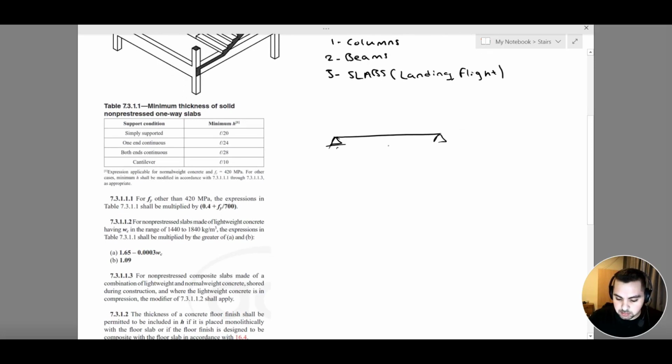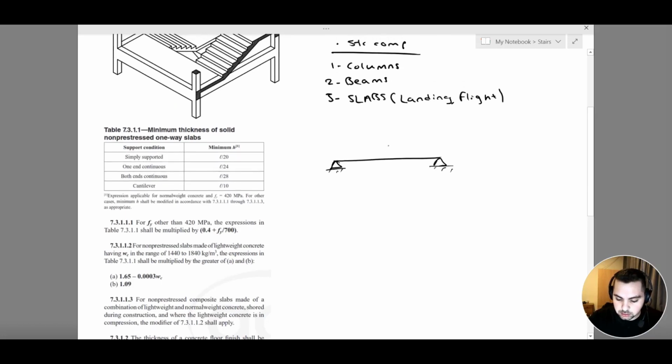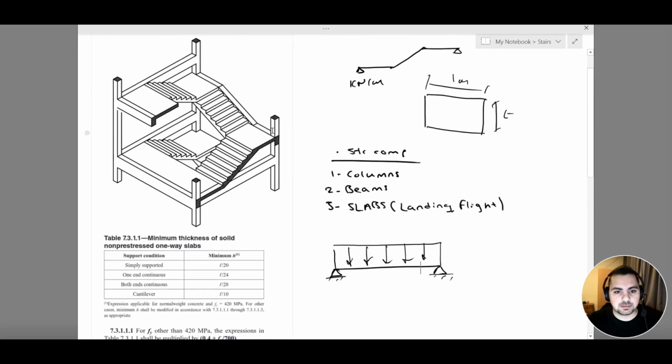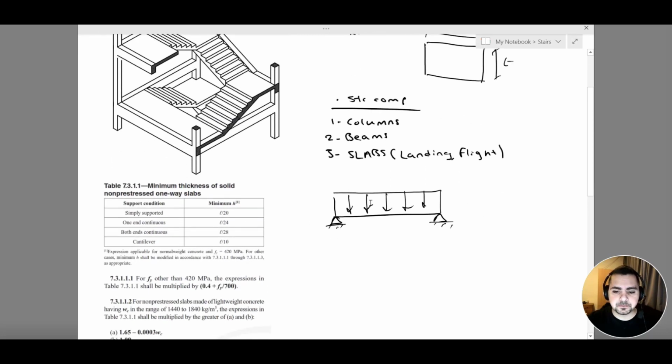This is my beam, and I'm going to have a distributed load here, and the magnitude of this load is going to depend on which beam I am taking. Am I taking the bottom beam or the top beam?